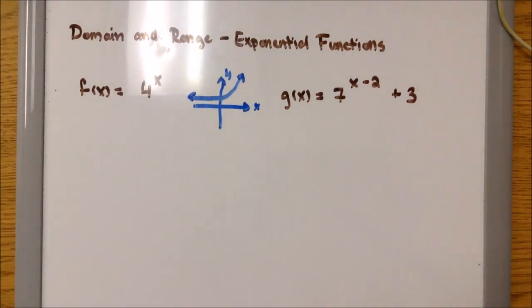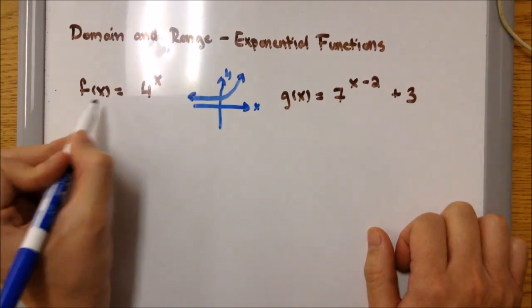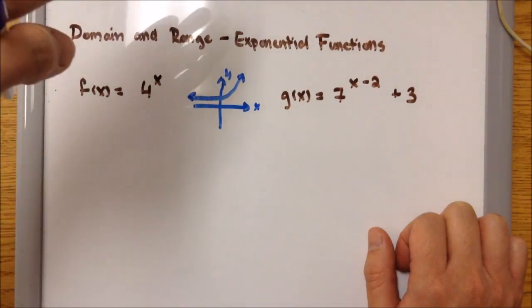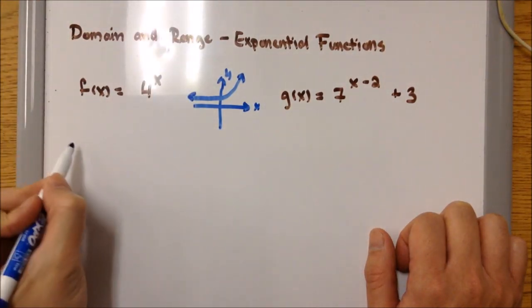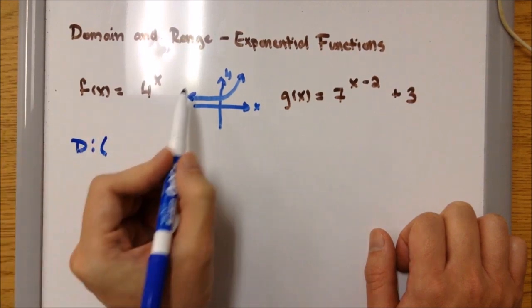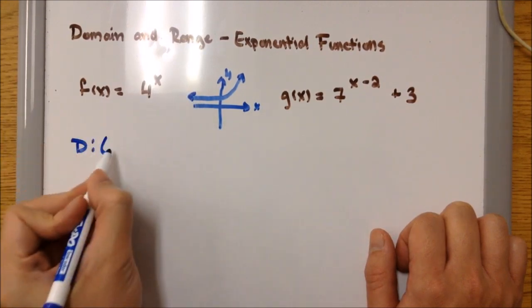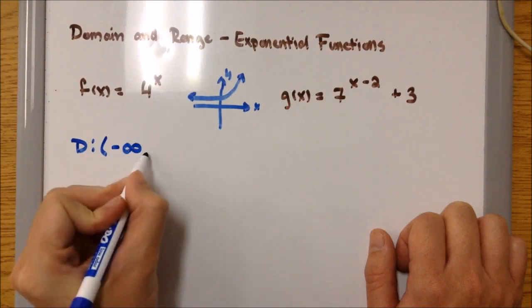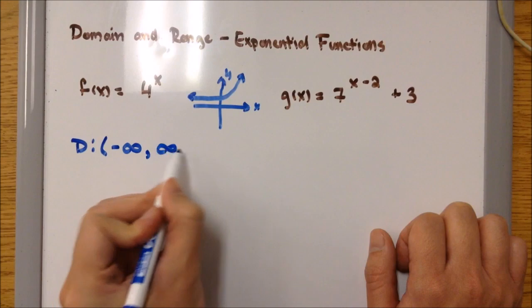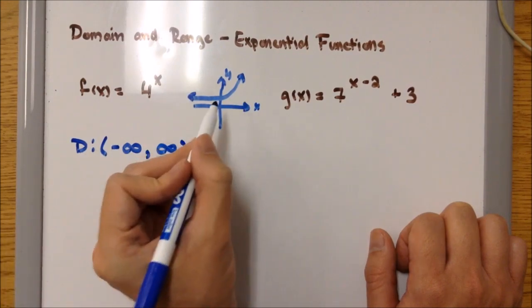For the domain of our first example, f of x equals 4 to the power of x, our domain would be in parentheses. If it's continuously going to the left, negative infinity. If it's continuously going to the right, positive infinity. Domain is left and right.